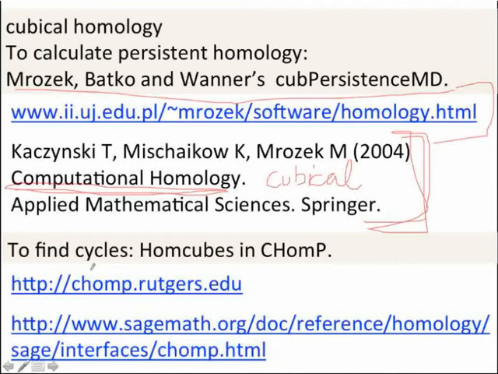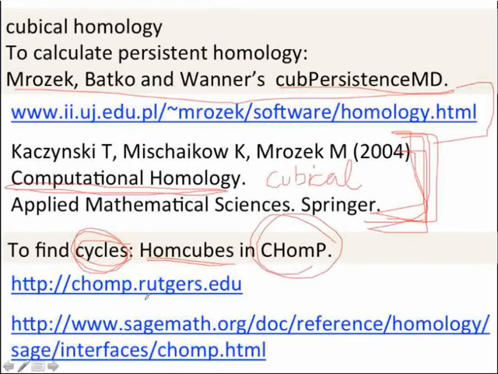In order to calculate the persistent homology, this software was used, Cubical Persistent MD, to find the cycles. So once the persistent homology was found, so you now know the number of cycles, they used Homcubes in some software called CHomP, which can be downloaded from Rutgers, or it's also embedded within Sage.